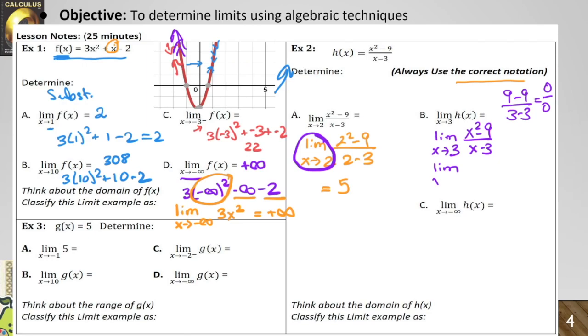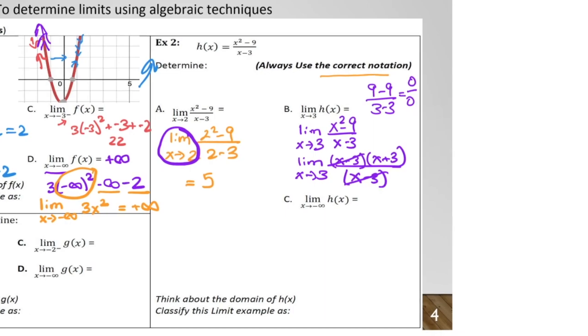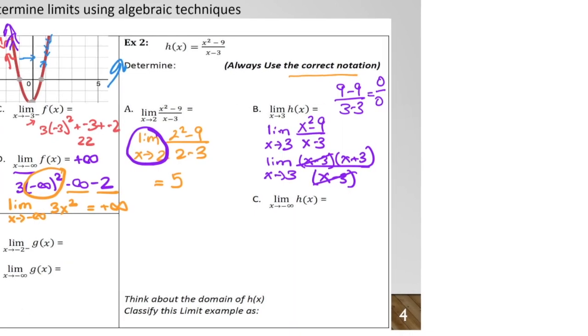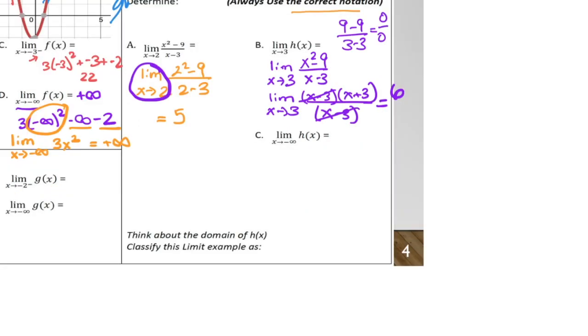So we take the limit as x goes to 3, write the factors x minus 3 times x plus 3, divided by your x minus 3, and look at that. The factors x minus 3 do cancel out, which then allows us to substitute the 3 in. Now remember what I said. Once you substitute, you do not have to write your limit notation anymore. So 3 plus 3 is going to be 6.